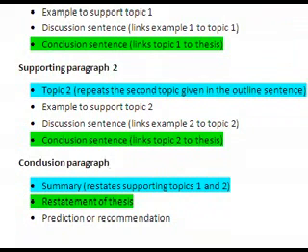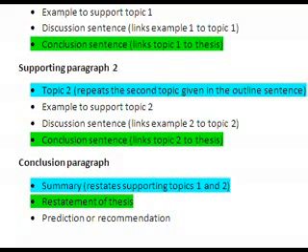Okay, coming down to the conclusion paragraph, you have 3 sentences in your conclusion. The first is a summary. The summary restates the topics you brought up in supporting paragraph 1 and supporting paragraph 2. So I've marked this here in blue. And the second sentence is a restatement of your thesis, which is just basically you saying your thesis again in different words.